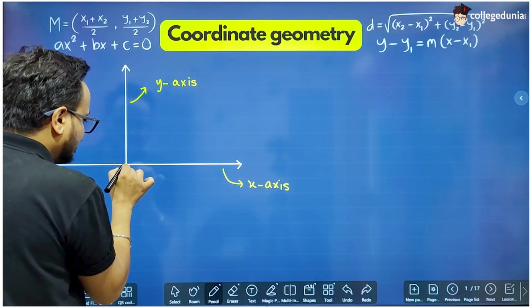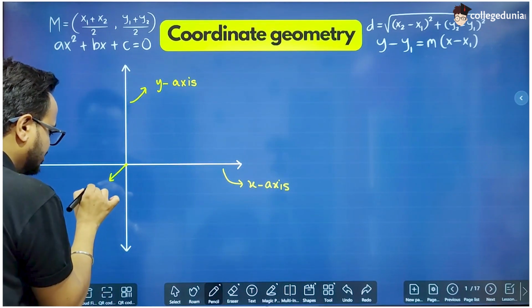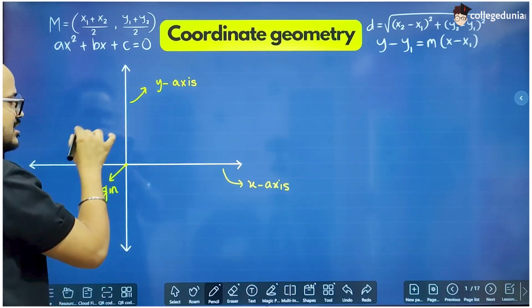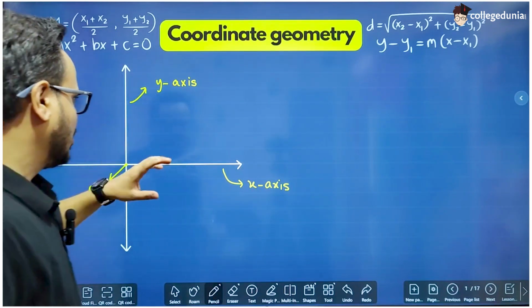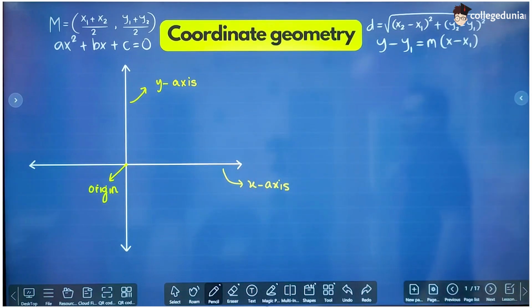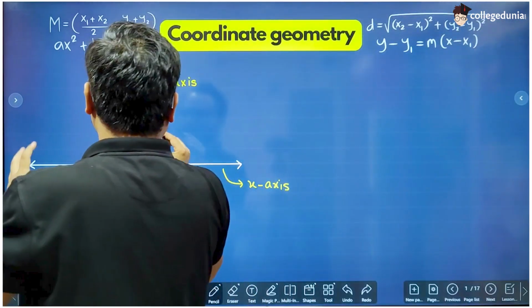The point where these two lines meet is called origin, and these four parts which are created by these two lines are called quadrants.